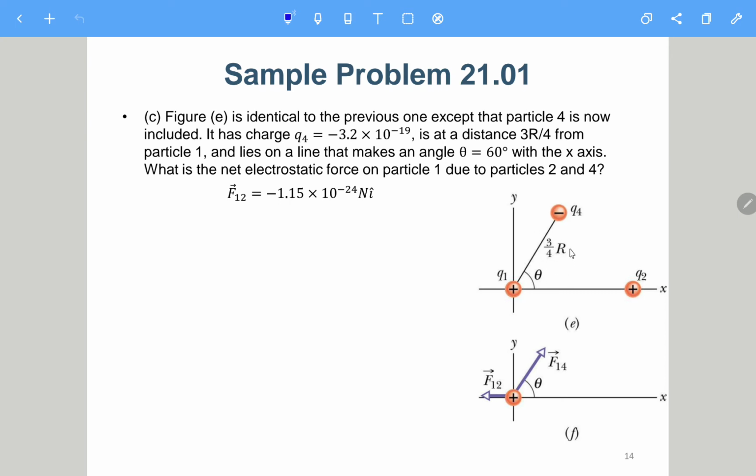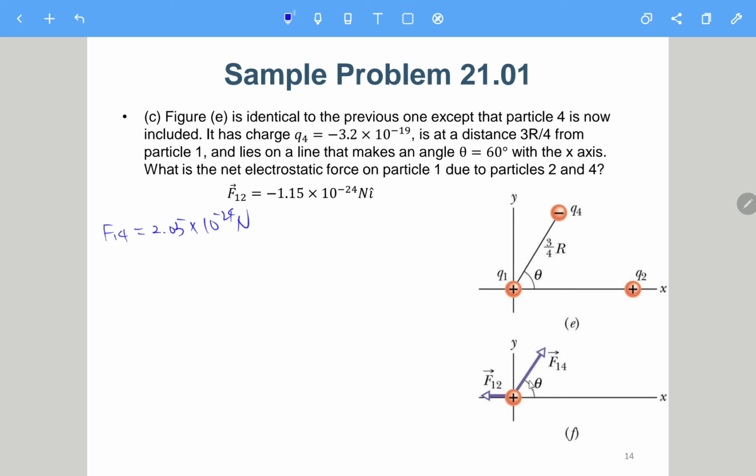So we know F14 is nothing but 2.05 times 10 to the minus 24, because the charge amount doesn't change, the distance doesn't change, so the magnitude of the force doesn't change. Only the direction changes.